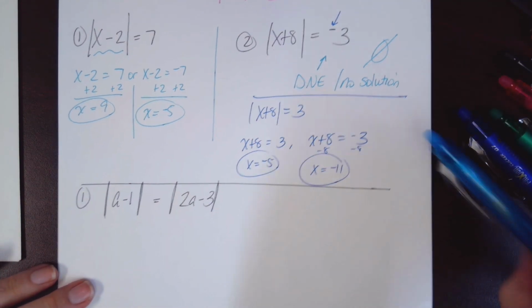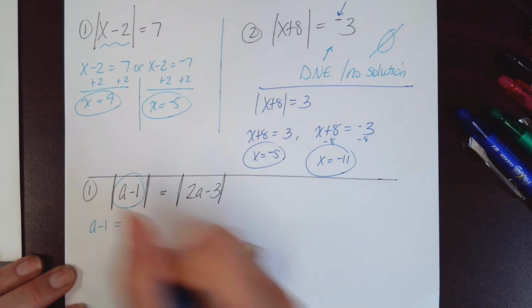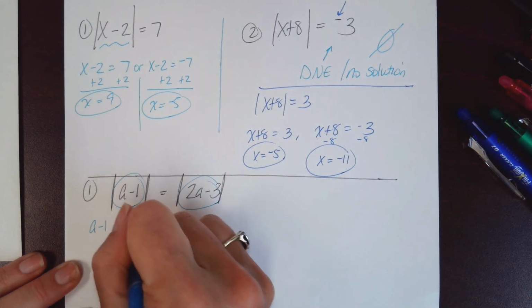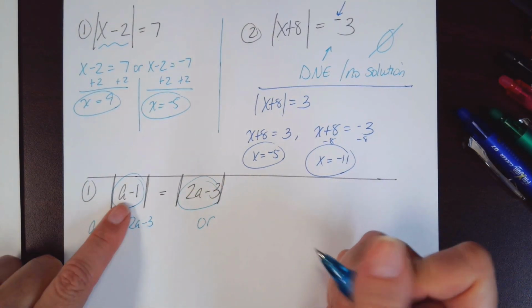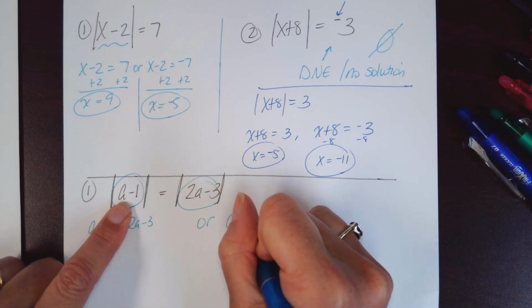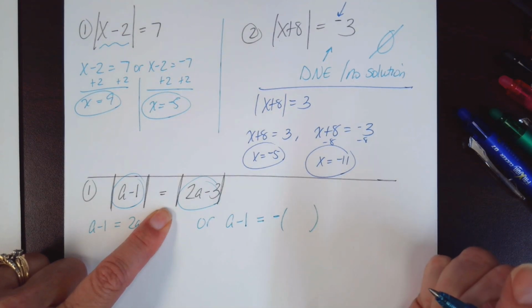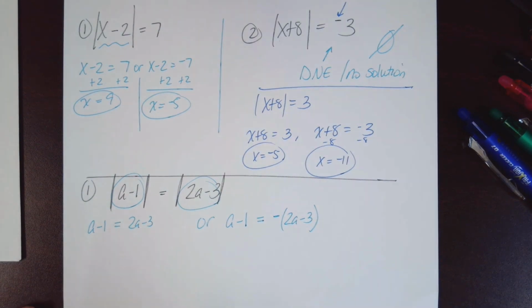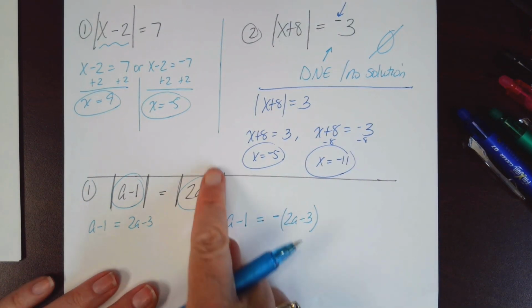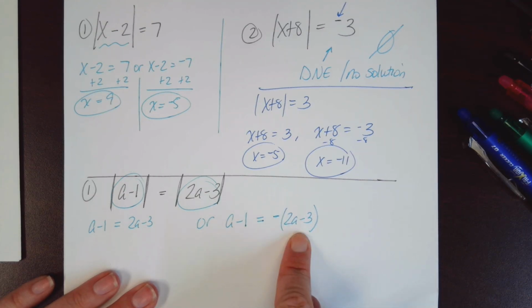We start with what we're given and we say, okay, what's going on over here on the left? a minus 1 is equal to what's going on over here on the right, 2a minus 3, or what's going on on the left, a minus 1, is equal to the opposite of, and those parentheses are essential, the opposite of 2a minus 3. Because when I take the opposite of this, I multiply the negative to both of those, not just the 2a. Parentheses are essential.